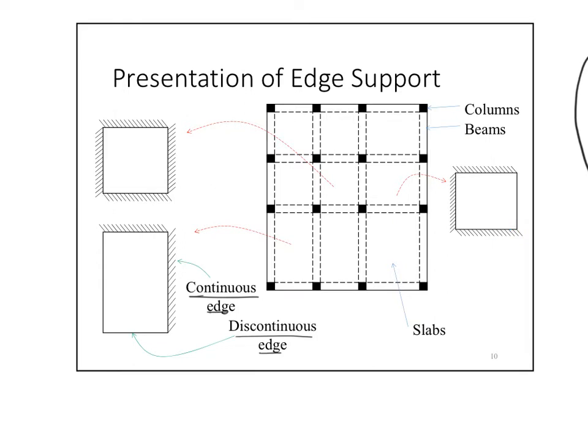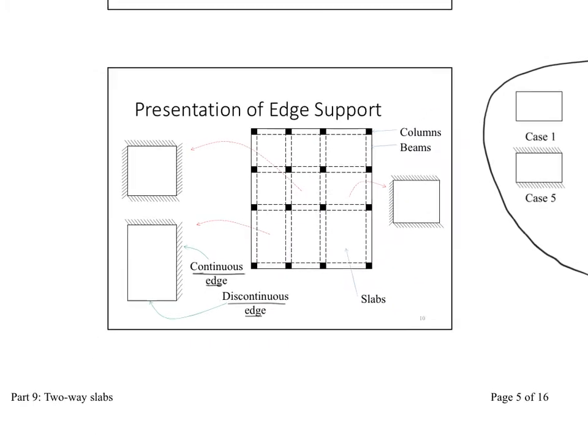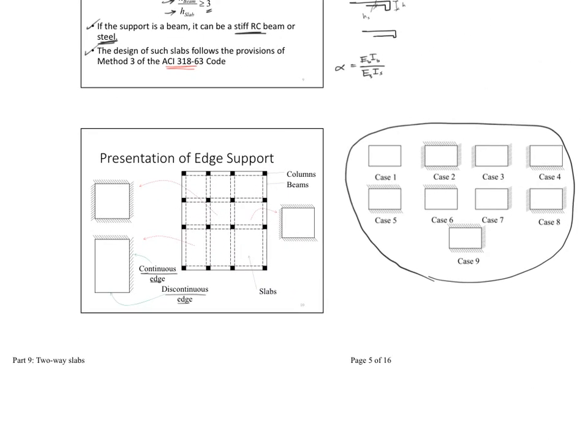And then we will take this as the first step to be able to find our cases. So if it is, for example, not connected to any of the slabs on all sides, it's case 1. If it is connected to slabs on all sides, it's case 2. From 2 sides that are the short sides, it's case 3. 2 sides that are adjacent to each other, it's case 4.